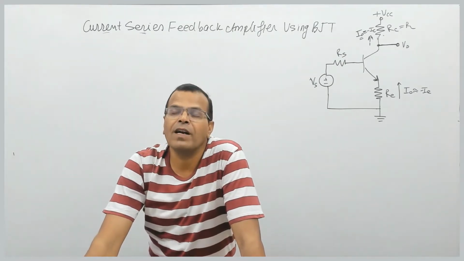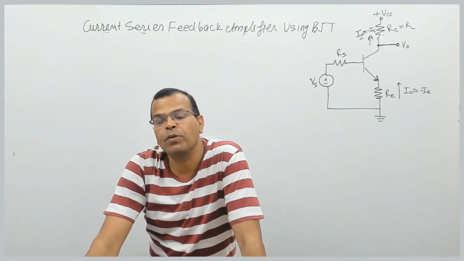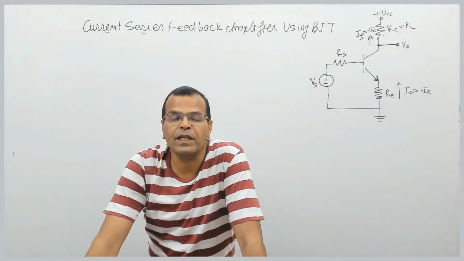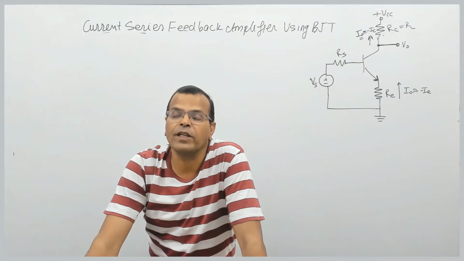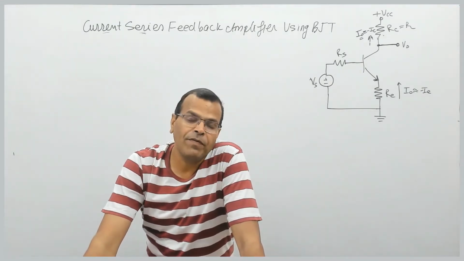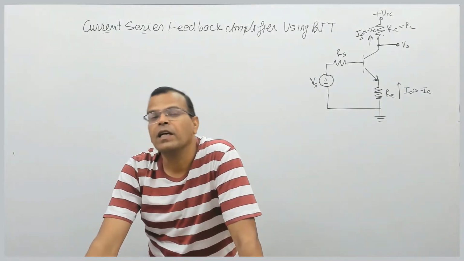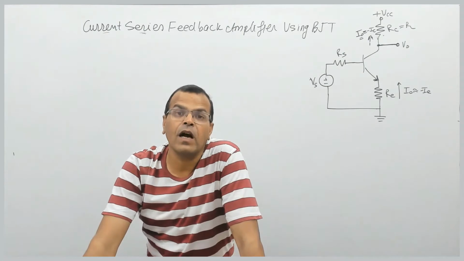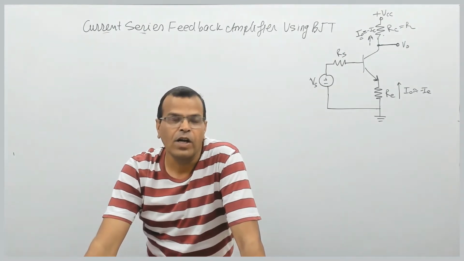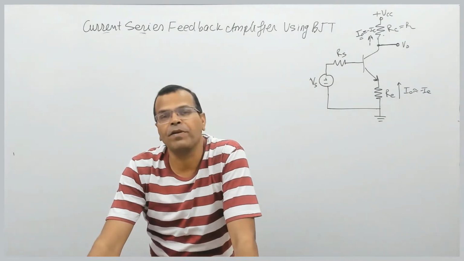So we have current as the output signal and voltage as the input signal, because when there is voltage mixing, that indicates voltage is the input signal. So in the amplifier where input signal is voltage and output signal is current, that amplifier is transconductance amplifier. So this circuit is being used as transconductance amplifier.